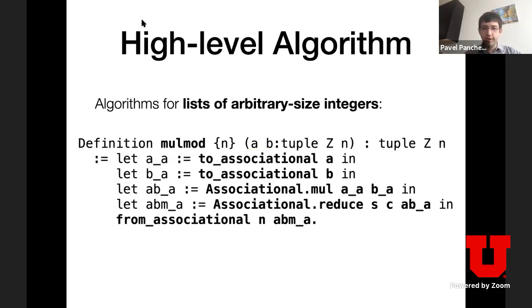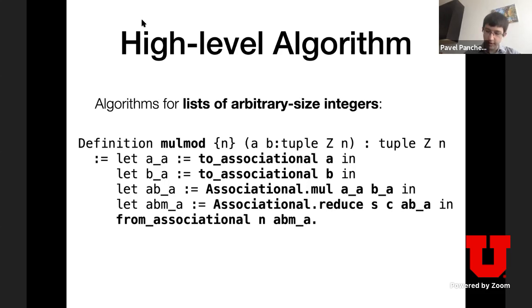So already you can see that this code manipulates lists of arbitrary size integers. And as you might imagine, this can make it a lot easier to reason about than low-level assembly code. You can actually just multiply two numbers and not worry about overflow or underflow or carrying or any of that. And furthermore, the ability to manipulate arbitrary size data structures means that we can write this code in a simpler, clearer, higher level way.